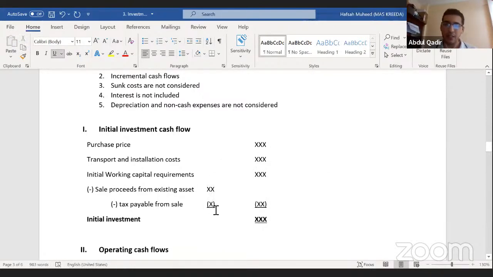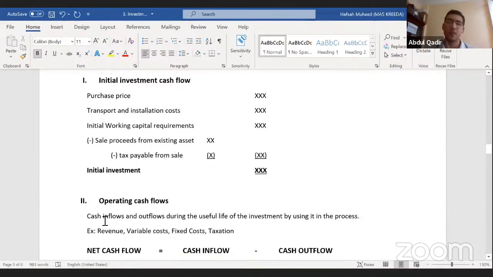So 100 minus 20 is 80. That entire 80 needs to be deducted, right? Because that is the amount you're getting as a cash inflow, because the rest of these are cash outflows. And then you get your total initial investment, right? So this is how much will be going out in year 0 in your investment appraisal.